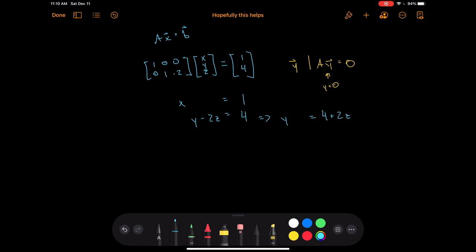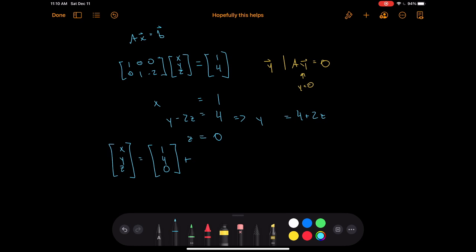And so when we write our solution in terms of a matrix, we will have our x, y, and z equal to 1, 4, 0, because z here we don't know, so it's just going to be 0 in this case, plus, so here is where the kernel comes in.